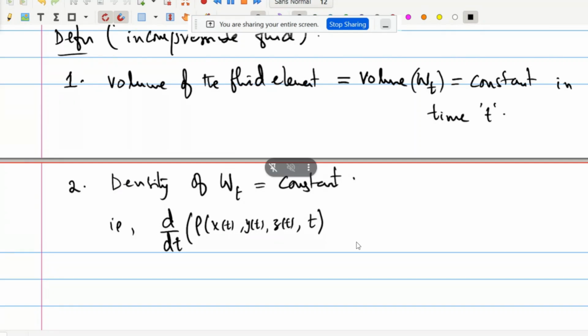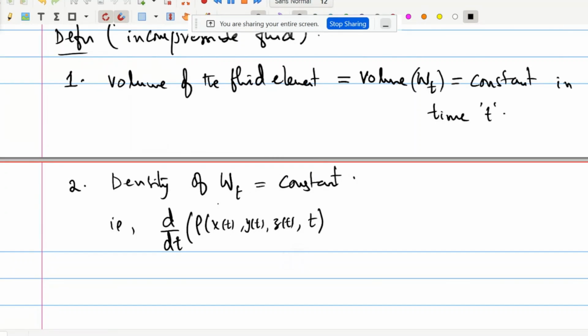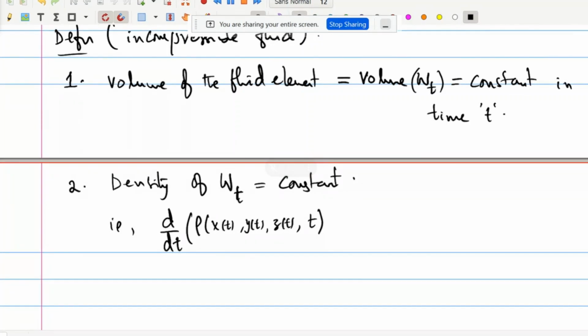That is the meaning of this, no? This is changing with time. Rho at different points as you follow the particle. Initially at x, y, z. Now at time t, x of t, y of t, z of t, comma t. So time variation also may be there.